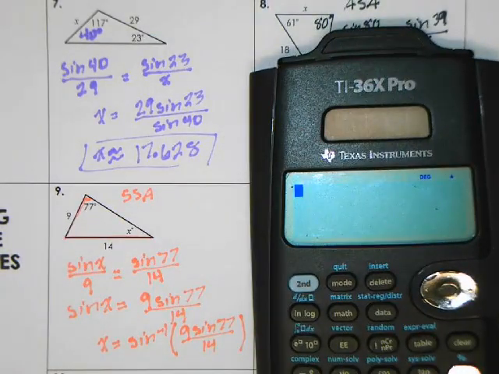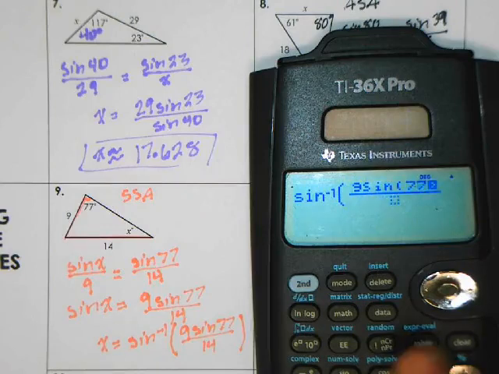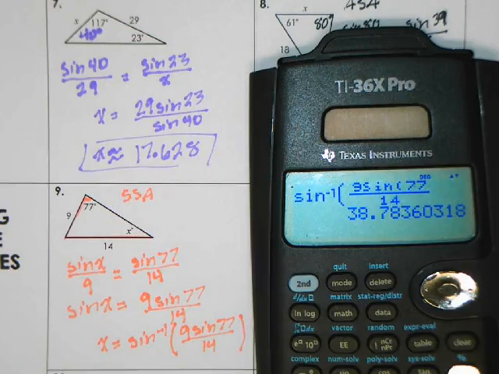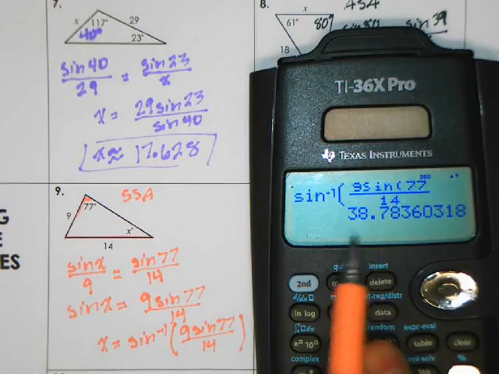I'm going to hit my ratio button, but I don't want to hit it yet. I want to say inverse sine. Then inside of the parentheses, I'm going to hit my ratio button, and at the top I'm going to say 9 times the sine of 77. And in the bottom, I'm going to put the 14. And I don't need to bother closing the parentheses because the calculator will assume I'm doing that if I just hit enter here.